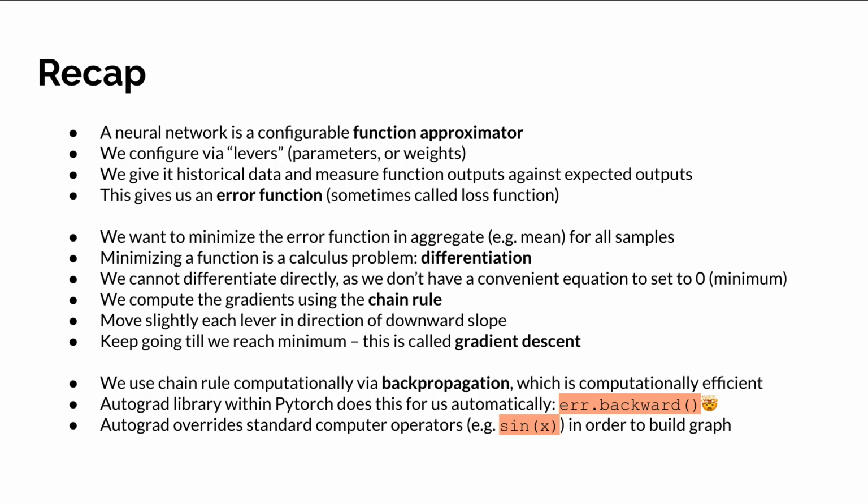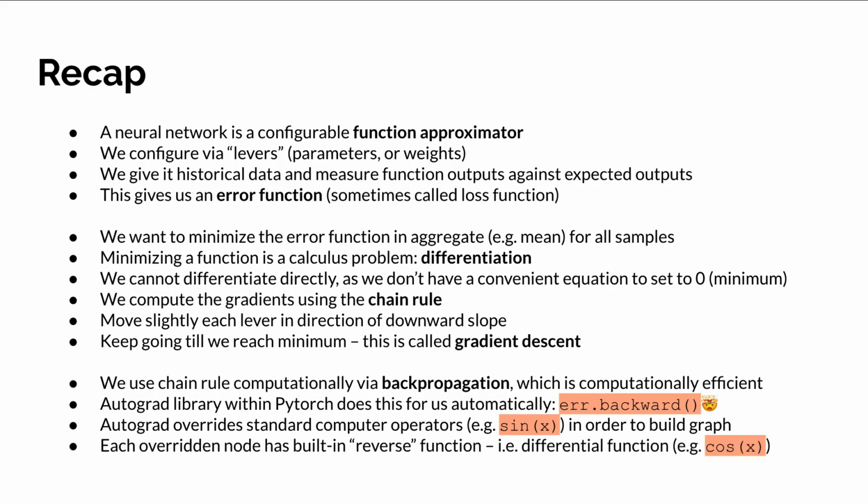For example, the sin x in Python, well, in this case you would have to declare that one as torch.sin, but it's then the equivalent of the sine function in Python, but it has this property: it can now be part of a computational graph and contains within it the reverse function or the differential function, i.e. the cos of x. So each overridden node has this built-in reverse function or dot backward function.